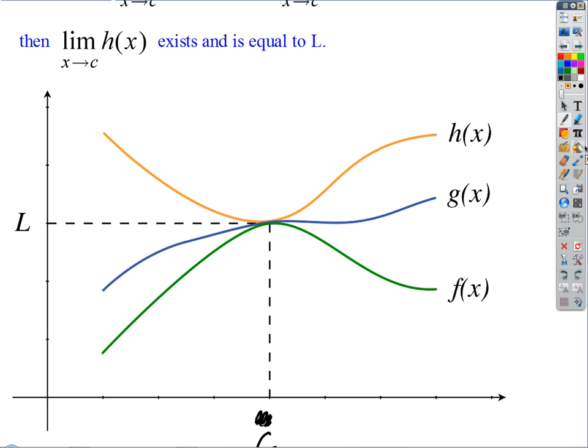Interchangeable names. What this told us, remember, is that if I have some ceiling function, say the orange function, h of x, some floor function, the green function, f of x, and some function that's trapped in between, if the limits of the top and bottom functions, as x approaches some value, converge, then they're going to squeeze that middle one to the same limit. Make sense?